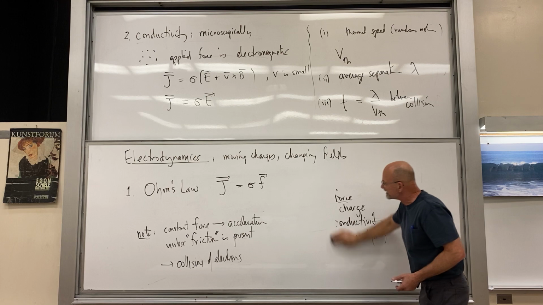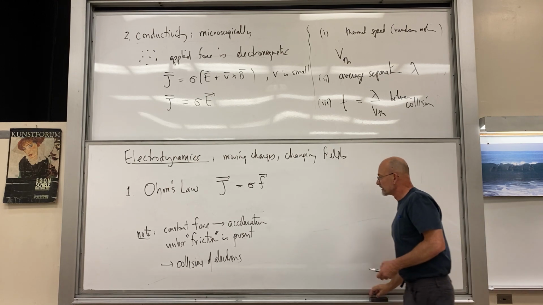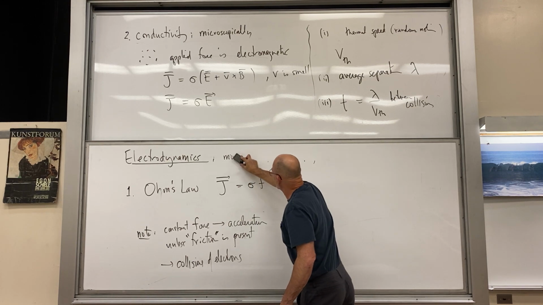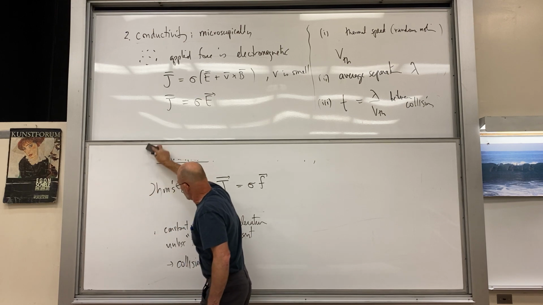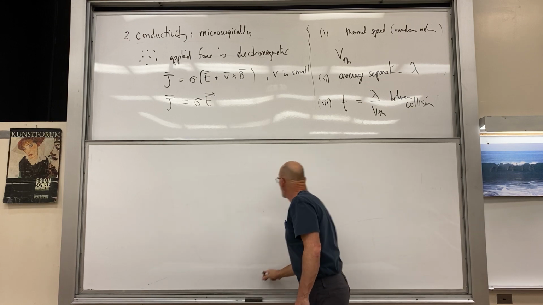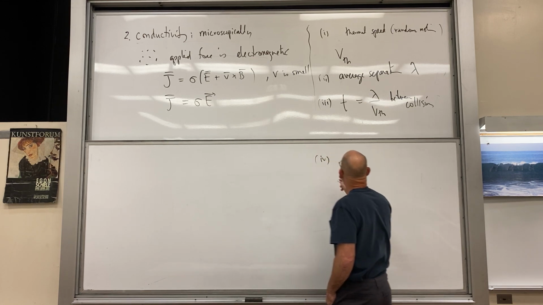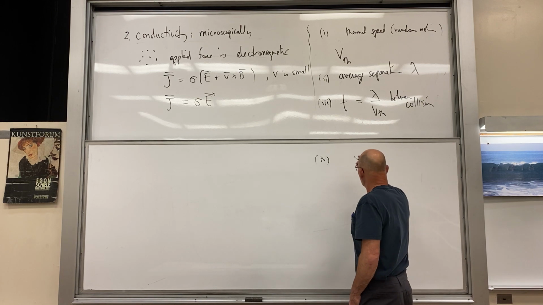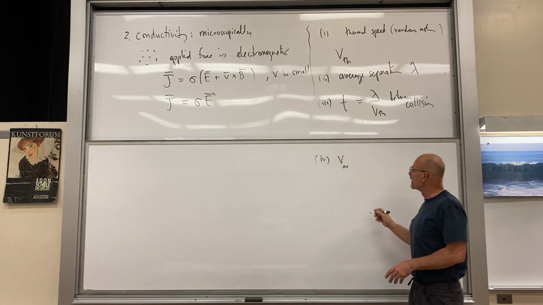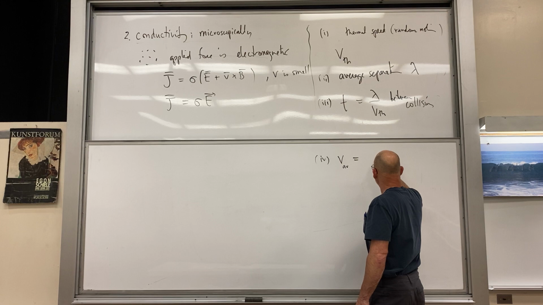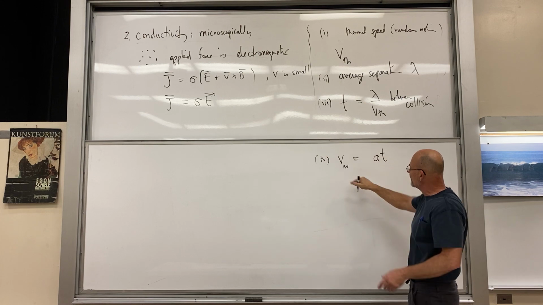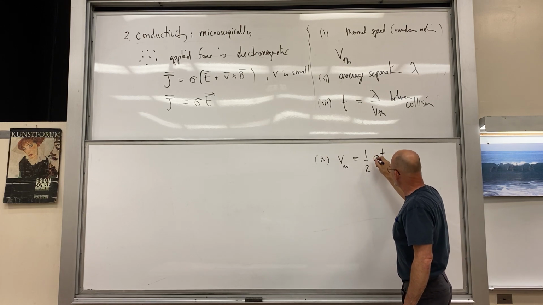So they're accelerated like this. Continuing this list here, let me go ahead and erase this. We would say the average speed that they attain by being accelerated would be acceleration times time. Constant acceleration, speed is acceleration times time, but because it's the average, it's a half of that.